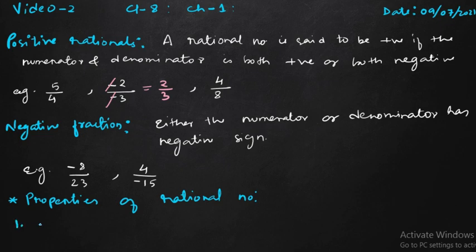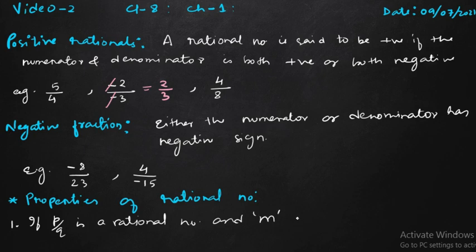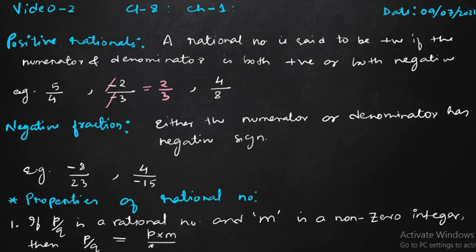Our first property is that if p by q is a rational number and m is a non-zero integer, which means it may be positive or negative, but it cannot be zero, then p by q is equivalent to p into m divided by q into m.